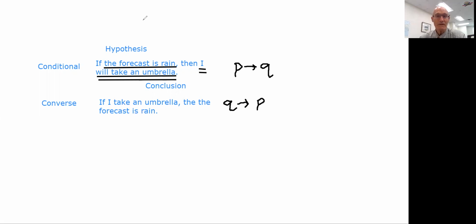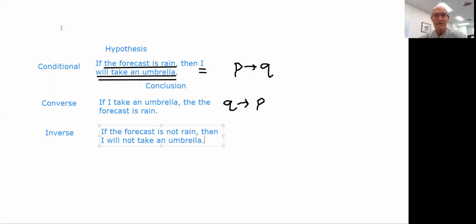Okay, now the next thing we're going to look at is something called the inverse. The inverse takes the original conditional statement and negates both parts, both the hypothesis and the conclusion. So it would say if the forecast is not rain, then I will not take an umbrella.